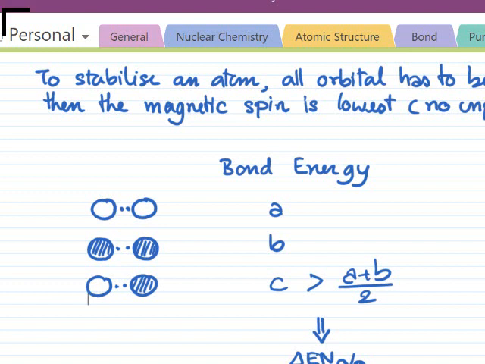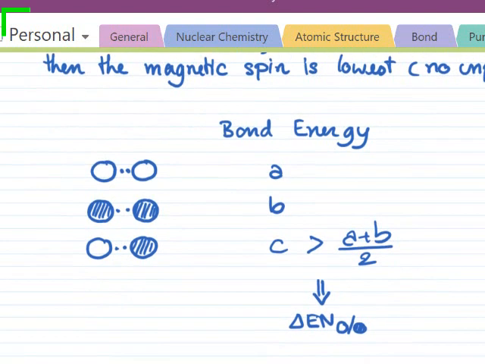But if you change one of the chlorine atoms to a hydrogen atom, for example, H and Cl have different EN, and from your high school chemistry you may know that Cl has higher EN than the hydrogen atom, and the delta EN in this case is equal to 0.96.